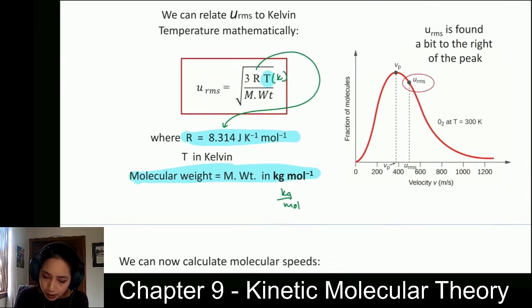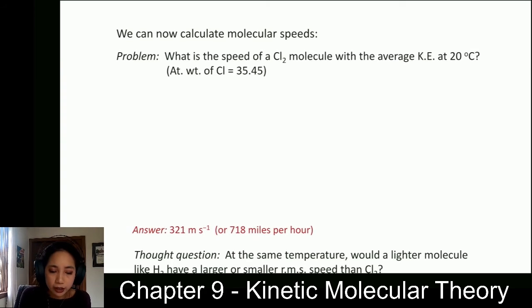So let's actually calculate a molecular speed, or a root mean squared velocity, of a sample. This question says, what is the speed of a chlorine molecule with the average kinetic energy at 20 degrees Celsius? What you should identify here is that we want a speed at an average kinetic energy.